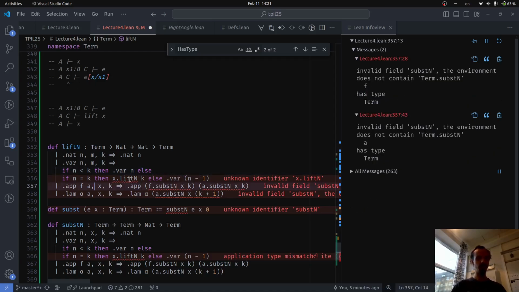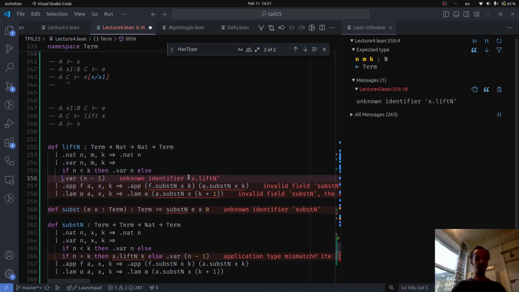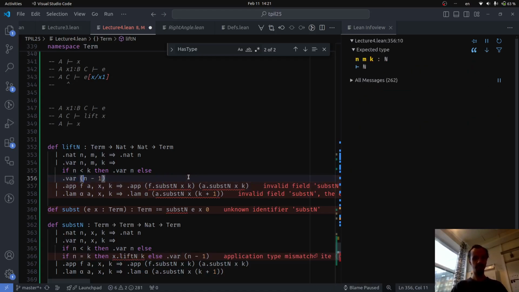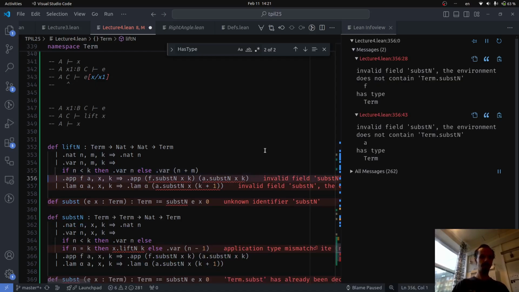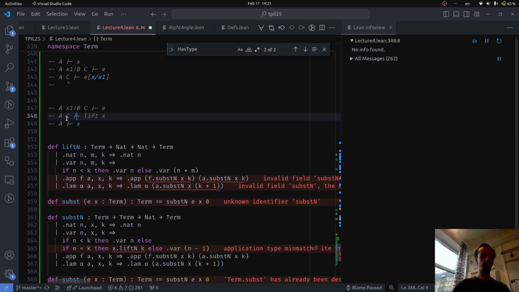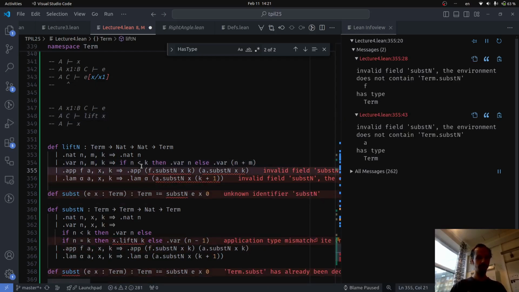If it is more than that, then we add this lift amount, n. So that this way, if you have a variable that's referring to something here, then it gets lifted so that it's referring past these c's. But if it was already referring to this because it was a local binder, then it stays the same. So that's what that looks like. And then the others, I think, are structural.